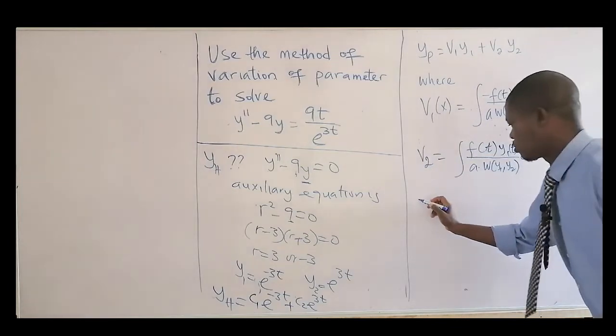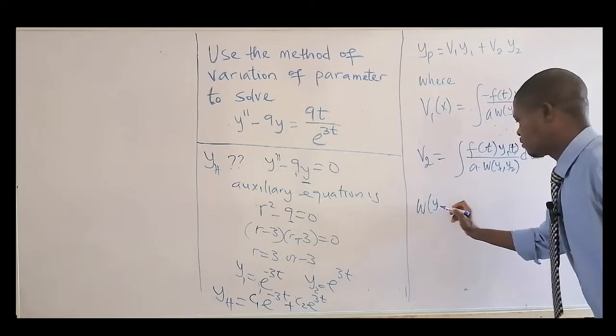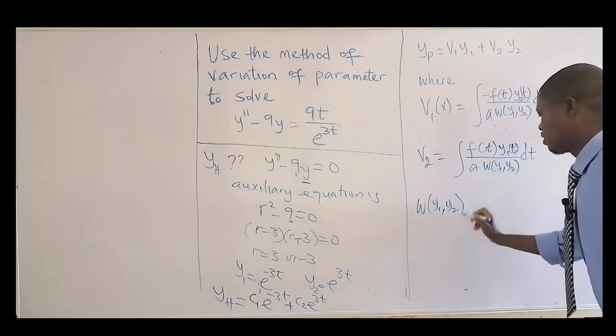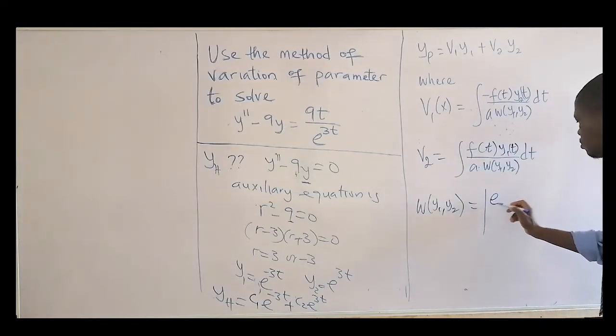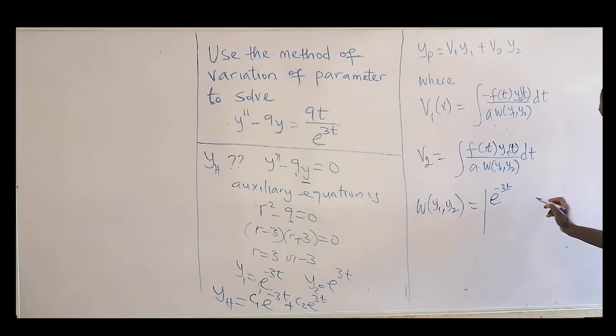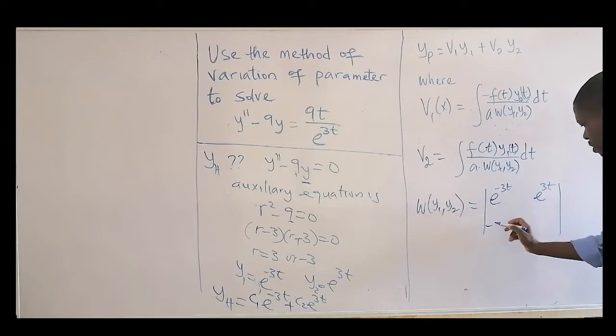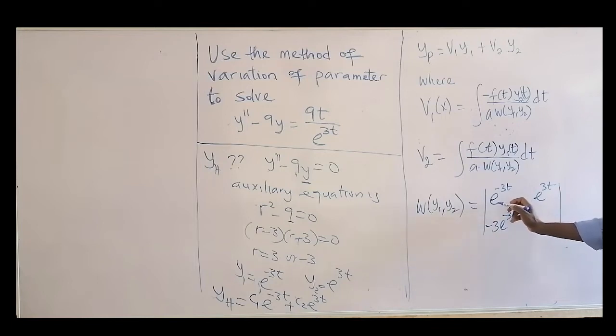The Wronskian will now be equal to the Wronskian of the linearly independent solutions: e to the minus 3t, that's y1, and e to the 3t. You get the differentiation of that. The derivative of the power is minus 3, times the function itself, so minus 3 e to the minus 3t, and 3 e to the 3t.